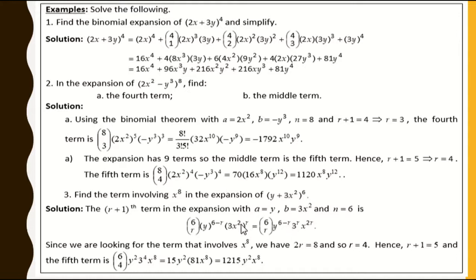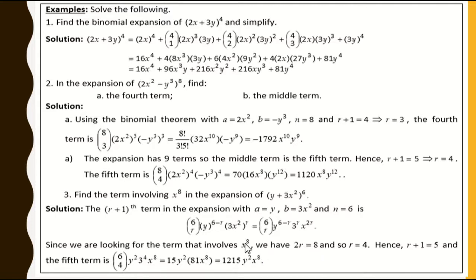Then, distribute the r here. So, 3 to the power of r times x to the power of 2r. Since we are looking for the term that involves x to the power of 8, we have 2r equal to 8.